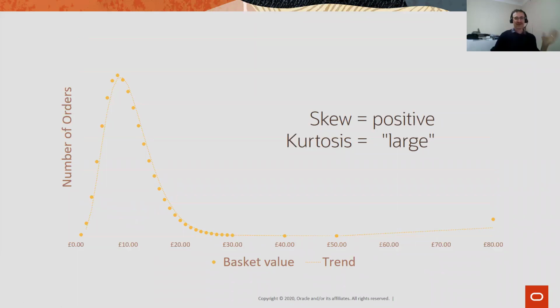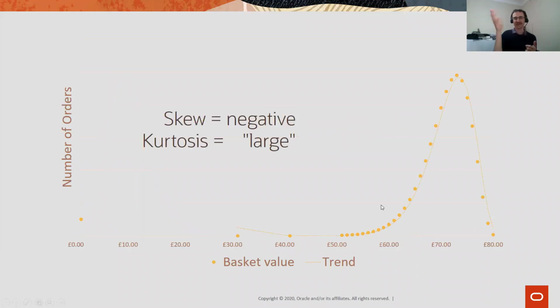So we can see that we've got this value like this, or let's take the mirror image of this data. So instead of the peak being off to the left here, I'll put it over to the right and just flip the data around its midpoint. So it's the same distribution, just the other way around, so to speak. So in this case, we've now made a negative skew. So the tail is off to the left.